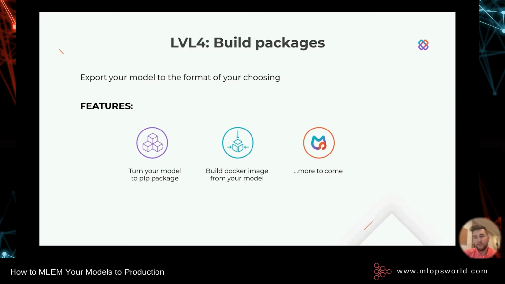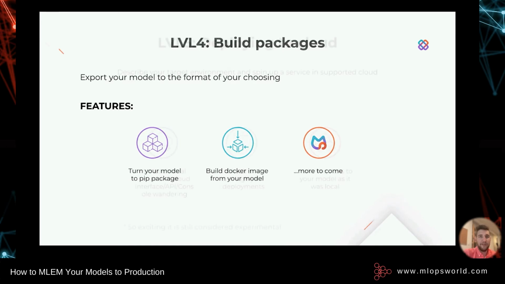Or you can build a wheel file directly, and I will show you that in the workshop too. And we can build a Docker image from your model using some of the servers from the previous level. And of course, we're going to implement more soon.